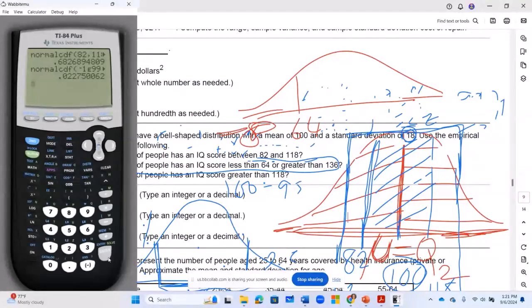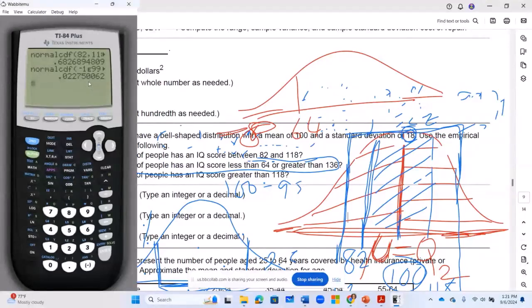Okay, let's do the same. Of course, we don't have to, because the answer I just got for area to the left is going to be the same when I do it to the right. The normal curve is symmetrical, so when you calculate area to the left, it's going to be the same as the area to the right. But because we're doing it for the first time, let's calculate area to the right.